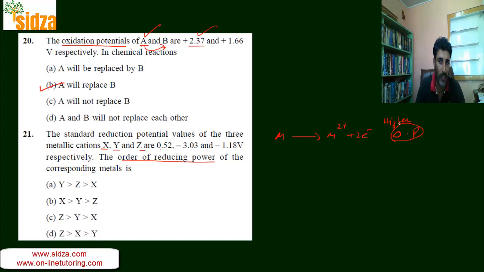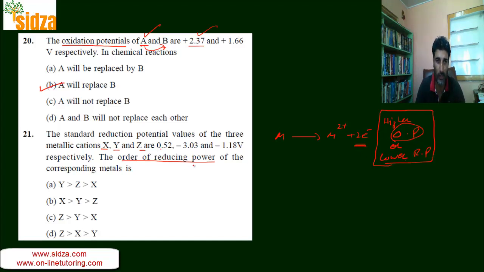So a metal that has higher oxidation potential will have a lower reduction potential also. Correct? A better reducing agent is the one that can lose electrons easily, means it should have the higher oxidation potential, or I can say it should have a lower reduction potential.